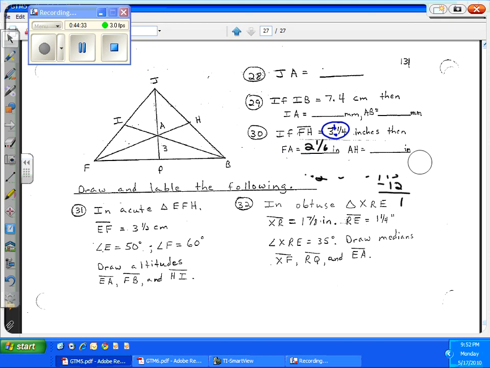AH is half of that. The little piece is 1/2 the big piece. So we want to take 1/2 of, which means times, this 2 times 6 is 12 plus 1 is 13 of those little sixths.